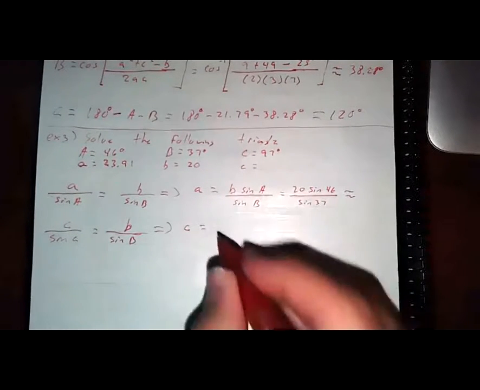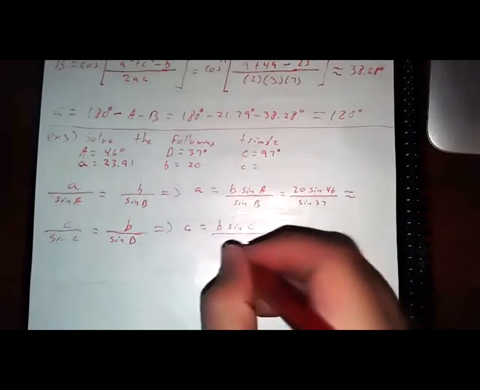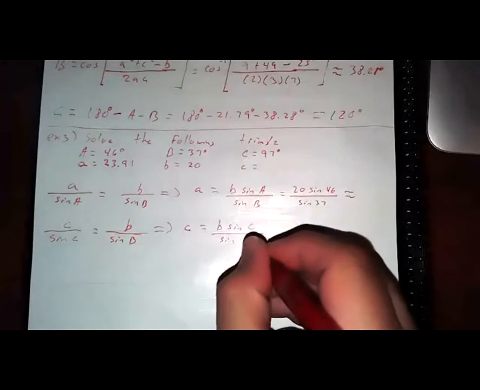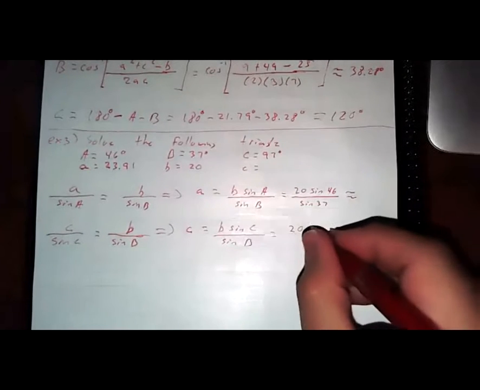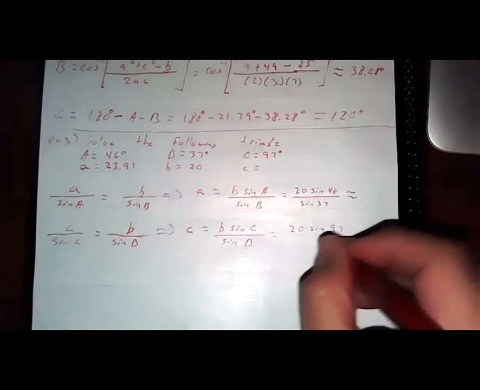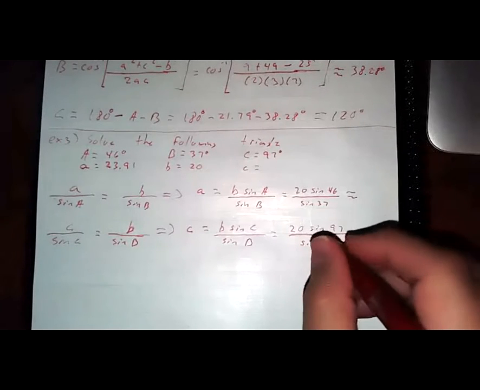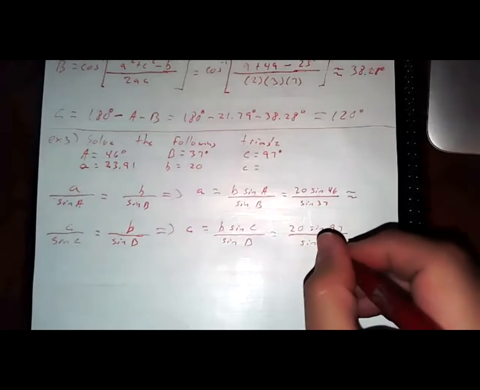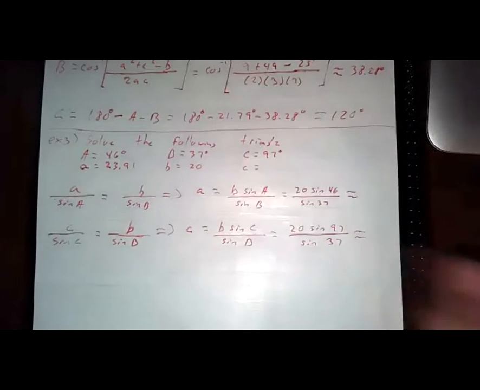That would give us C equal to B sine C over sine B, which is 20 sine 97 over sine 37. So what is that?